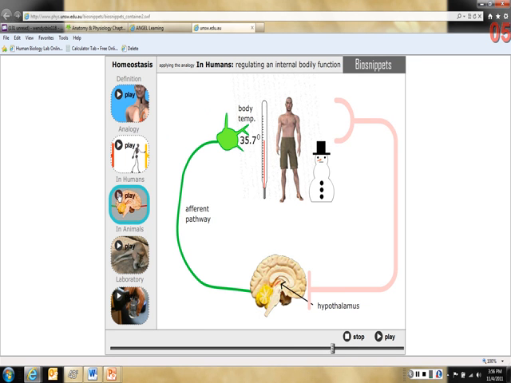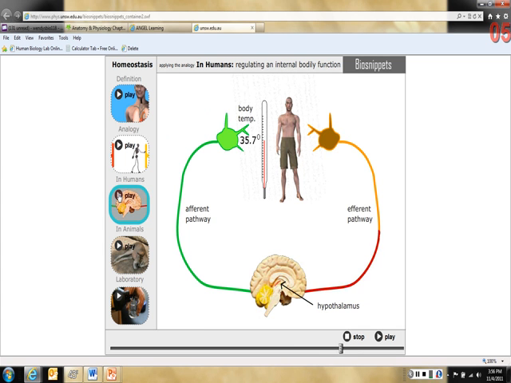On the basis of this sensory input, the hypothalamus sends signals by way of the efferent pathway to the effectors, causing them to respond in such a manner as to counterbalance the impact of the initial stimulus. Appropriate responses may include shivering, that is, muscle groups involuntarily contracting and relaxing to increase body heat, or a decrease in blood flow close to the skin in order to retain heat within the body.